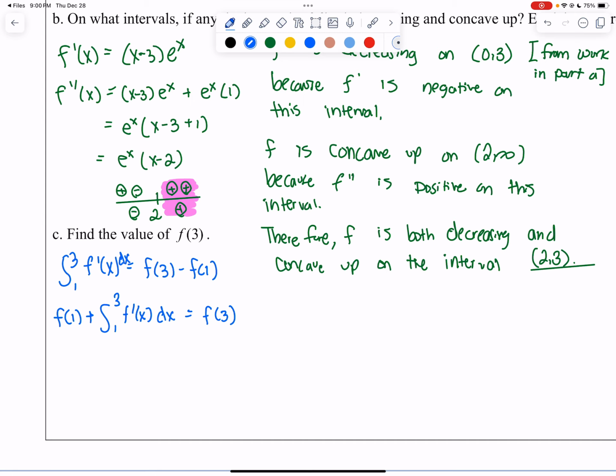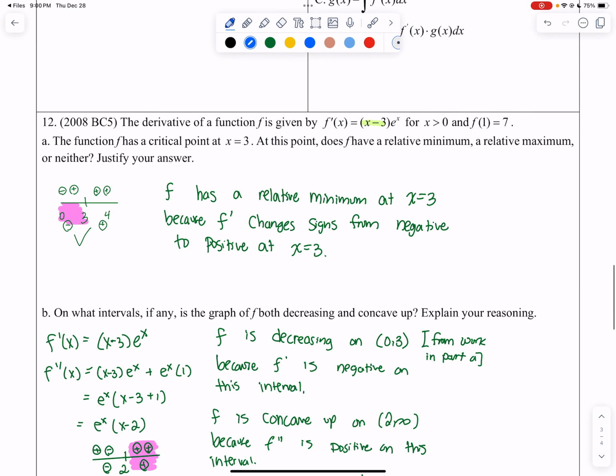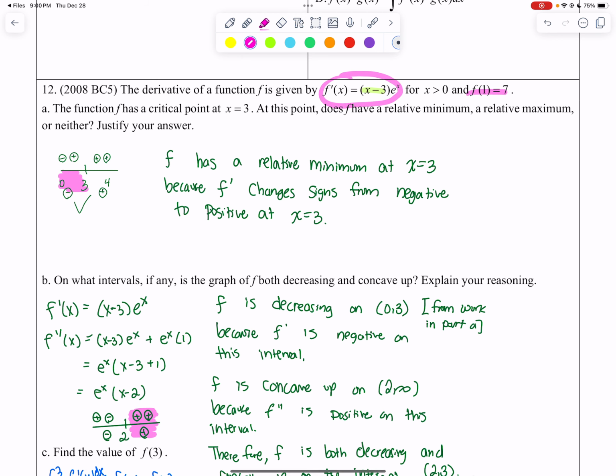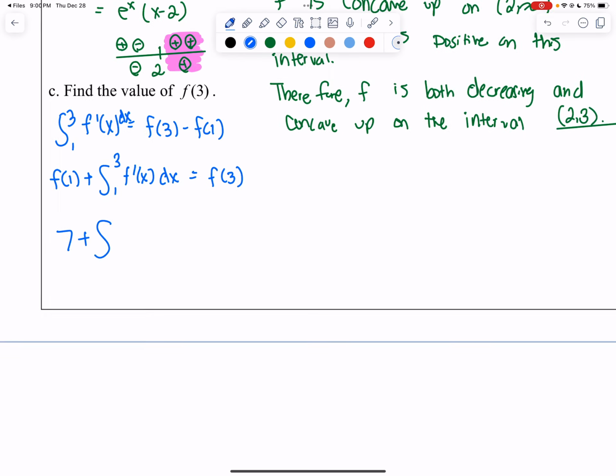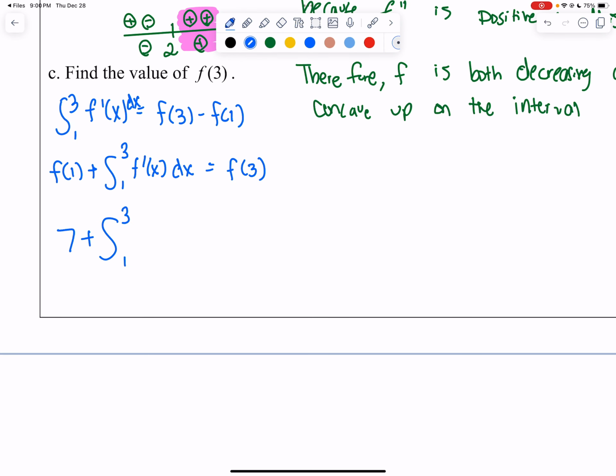All right. From the question, I already know that f of 1 is 7, and I already know that this is my derivative right there. So I have 7 plus the integral from 1 to 3 of f prime of x dx. All right. So to evaluate this, we're going to have to use integration by parts.